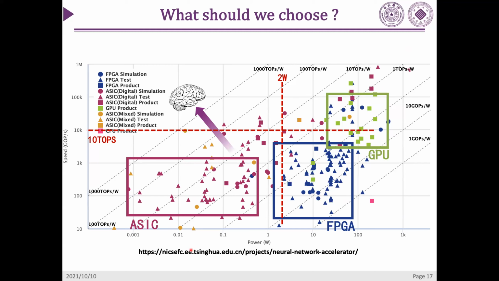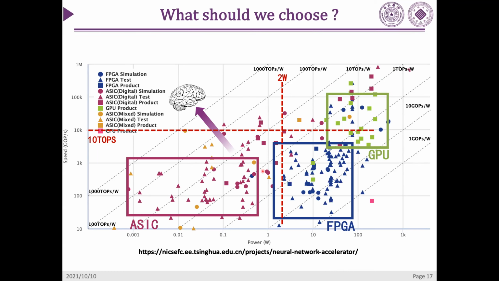And the slash line from the left downside to the right upside is the energy efficiency. You can see this is 1 gigaops per watt, and this is 1 teraops per watt. So almost all the FPGAs are below 1 teraops per watt, and GPU is nearly 1 teraops per watt, but is larger than 10 watts.